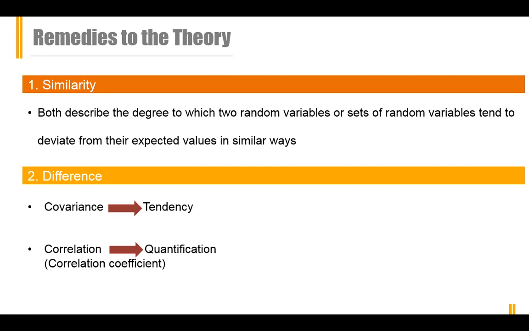As we have mentioned in part 1, the magnitude of the covariance is not easy to interpret. Covariance can only show us what tendency these two variables have, but the correlation coefficient not only can show us the tendency, but also makes the trend strength quantified. The value of the correlation coefficient can show the strength. This is the difference between covariance and correlation.